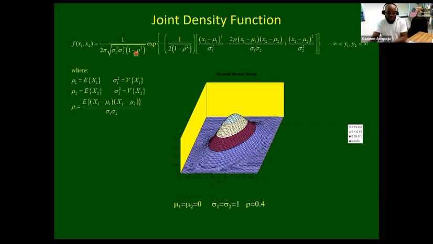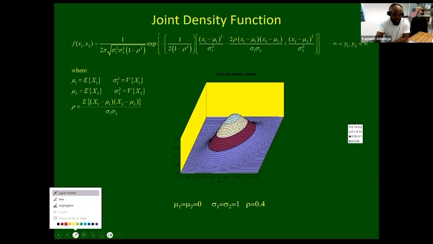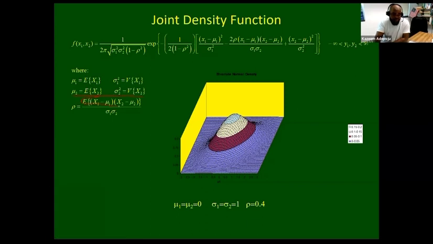If you take a look at this here, let me use my pen now. The numerator here is the covariance that I talked about. If I want to get the correlation rho, I divide the covariance by the product of the standard deviations of x1 and x2, which means I'm standardizing covariance.